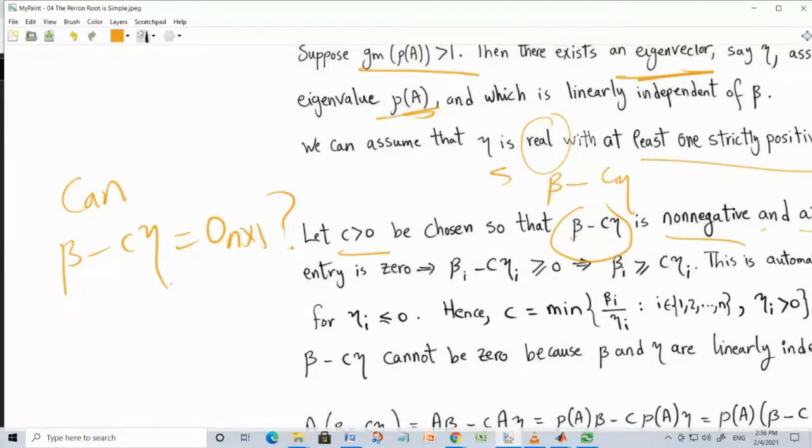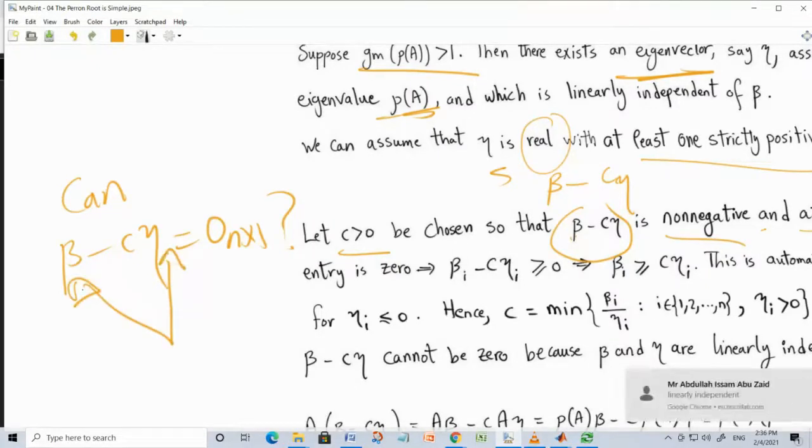And it cannot be the case that beta minus C eta is equal to the all 0 vector. Can this be true? Can it happen that you are adjusting the value of C so that you get a 0 in the vector beta minus C eta? Can you accidentally make it the all 0 vector? No. Why no? Because remember, by our assumption, beta and eta are linearly independent.